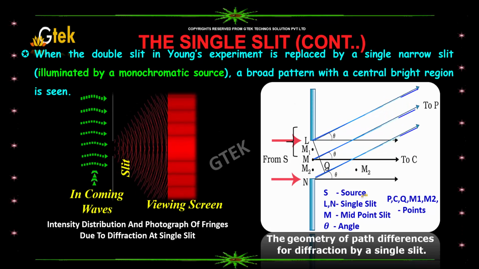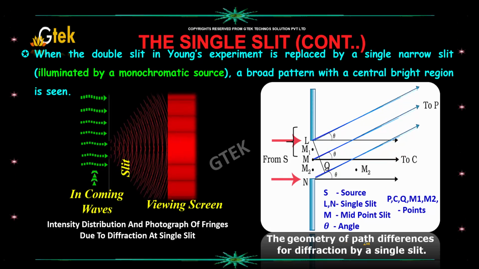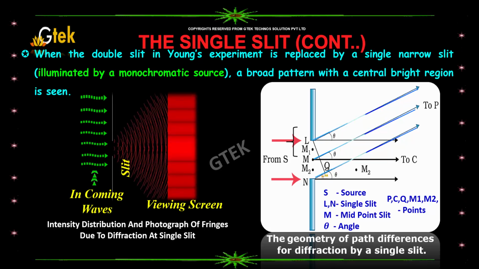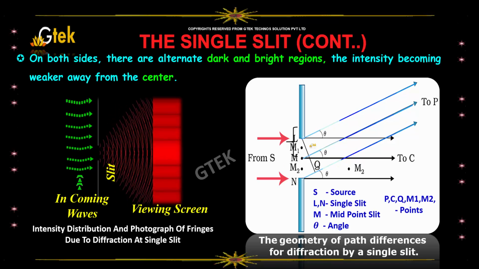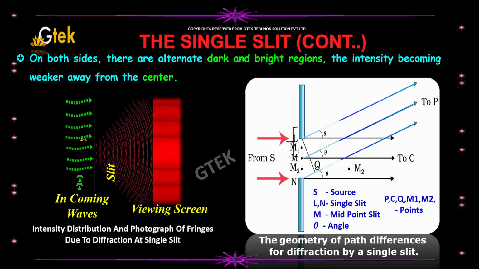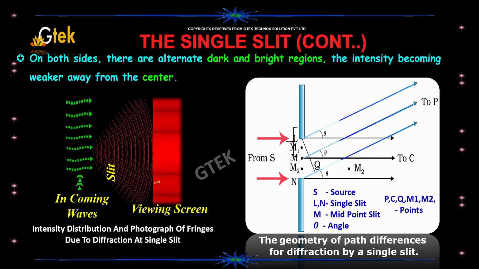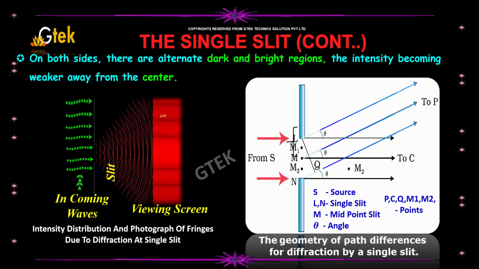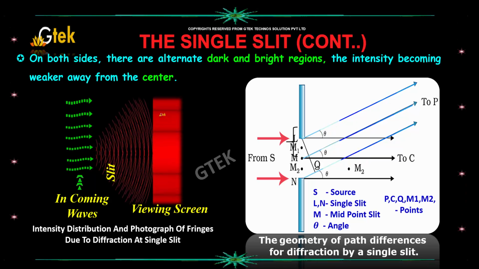So this is how the diffraction is happening. Let's discuss more on the geometry of path differences for diffraction by a single slit. On both sides, there are alternate dark and bright fringe regions, the intensity becoming weaker away from the center.